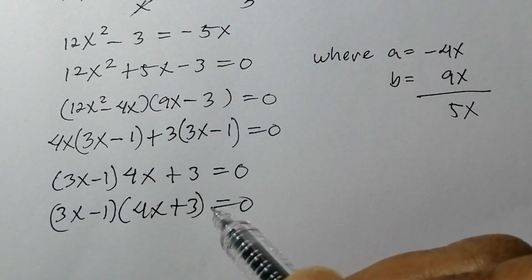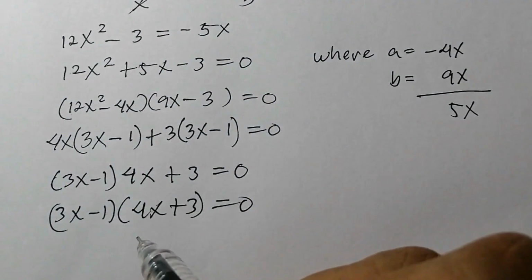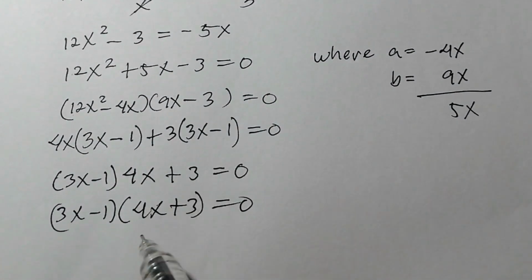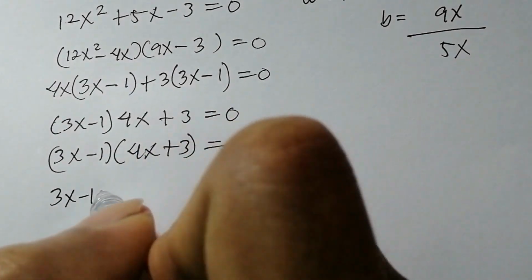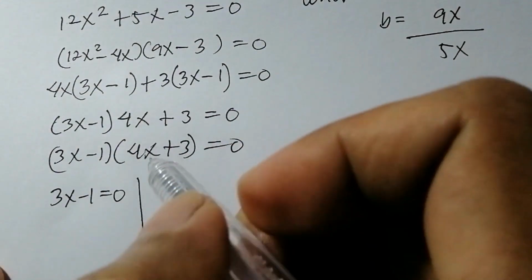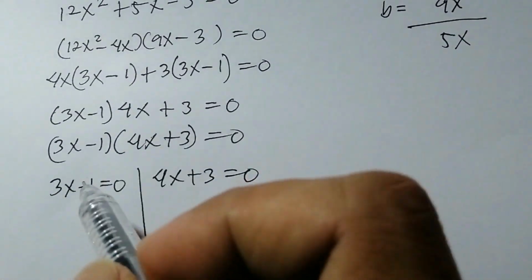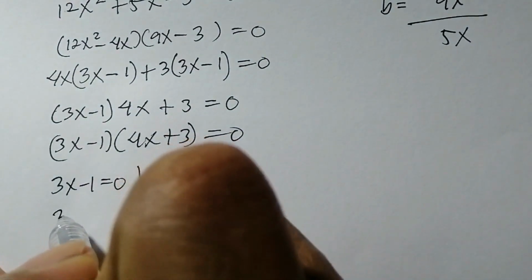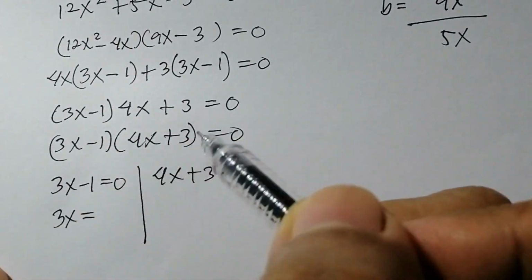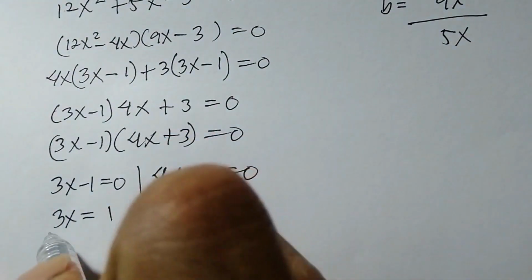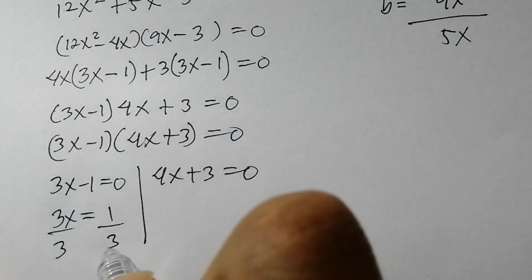So in this case, we have two cases again: 3x minus 1 is equal to 0, and 4x plus 3 is equal to 0. Then this will be 3x, we transfer this and it becomes positive, and we divide by 3 on both sides.